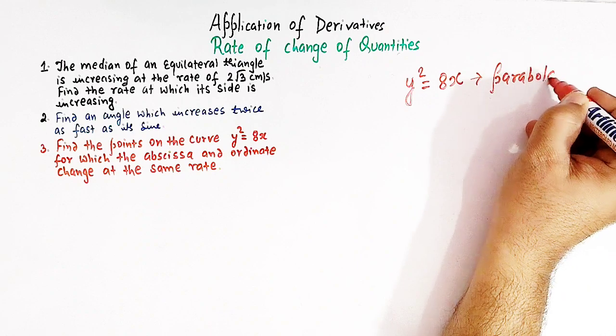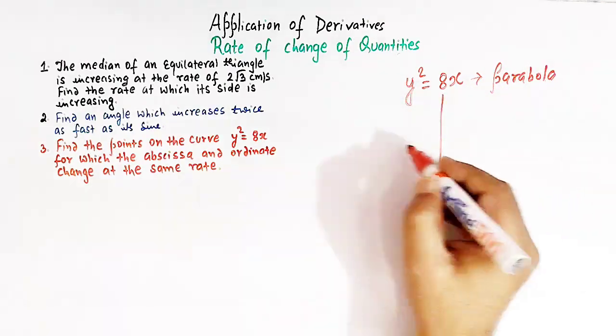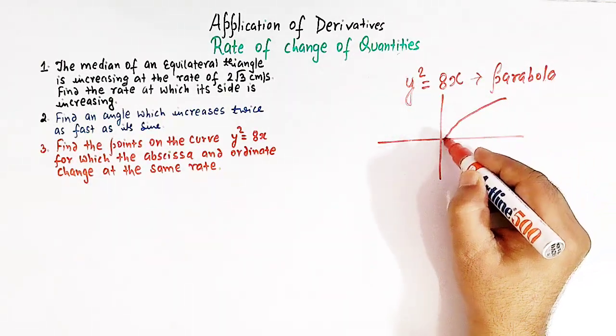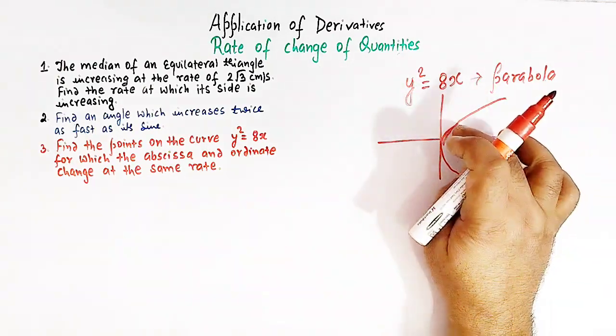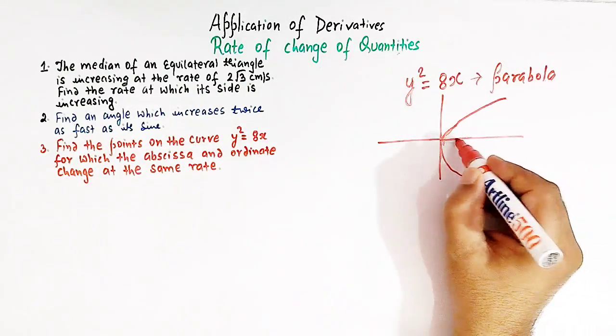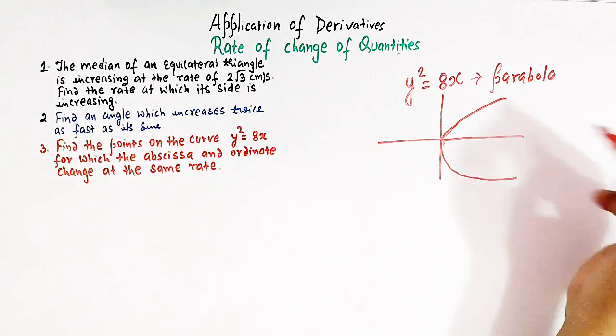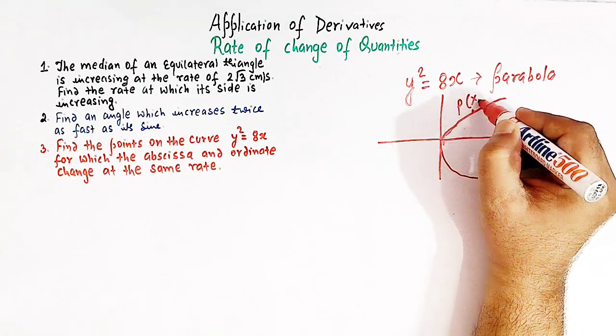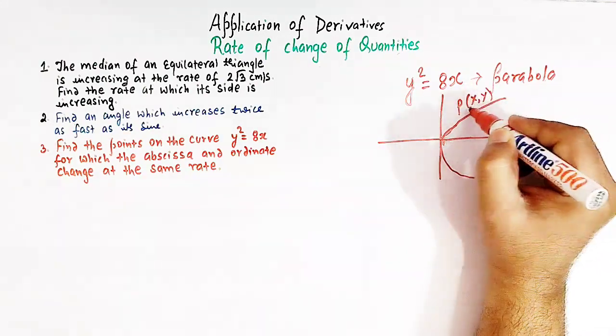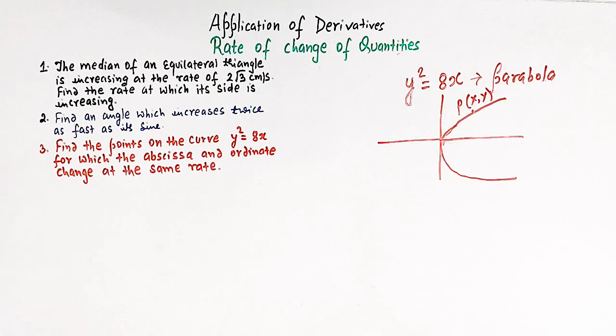This is the equation of a parabola, and here we have the standard curve, and this represents y square is equal to 8x.